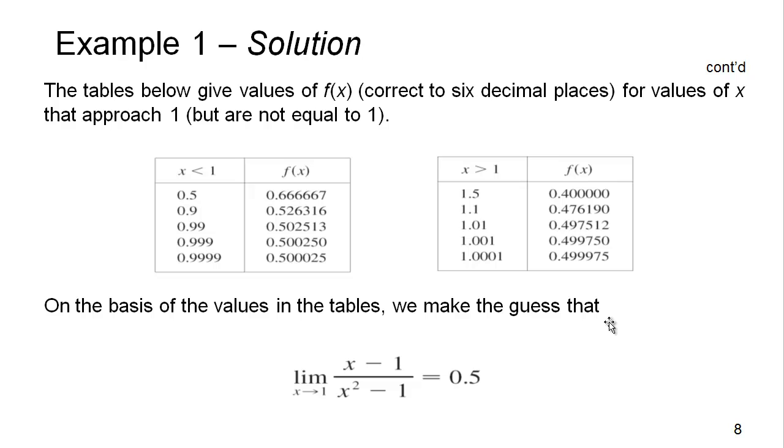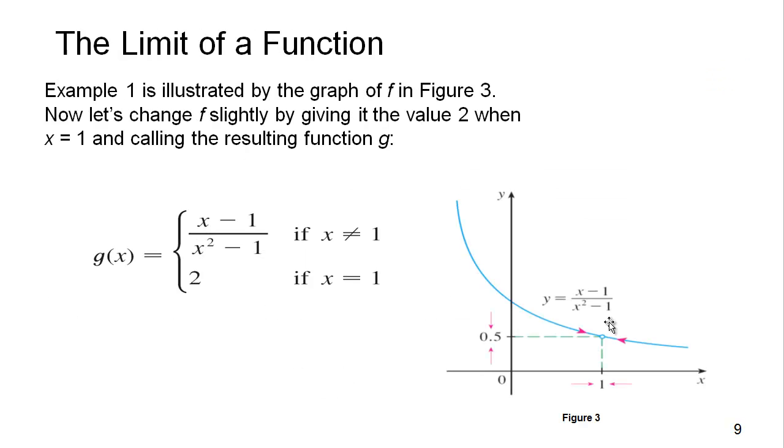And as x approaches 1 from above, numbers bigger than 1, it also looks like it's approaching 0.5, only we're getting smaller values, like 0.4999 instead of something a little bigger than 0.5. So based on those two, we make the educated guess that the limit is a half. And in fact, if we look at the graph, we can see that it is approaching a half.